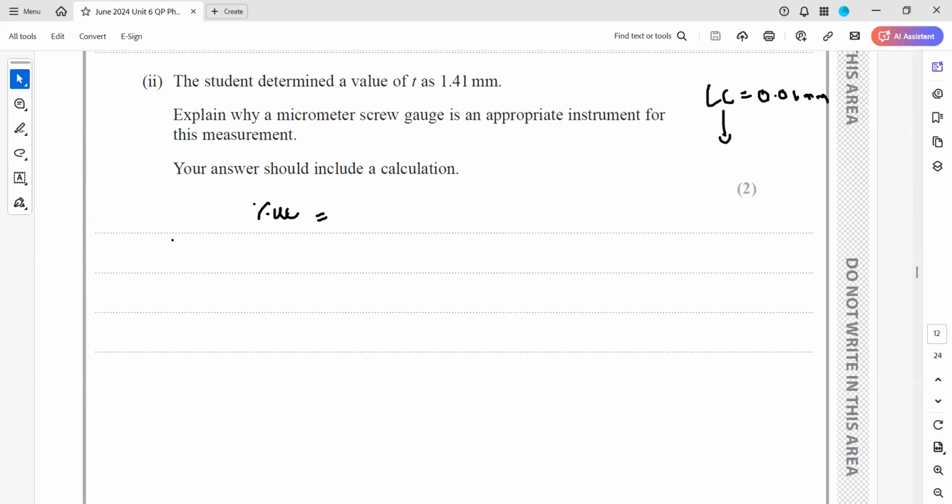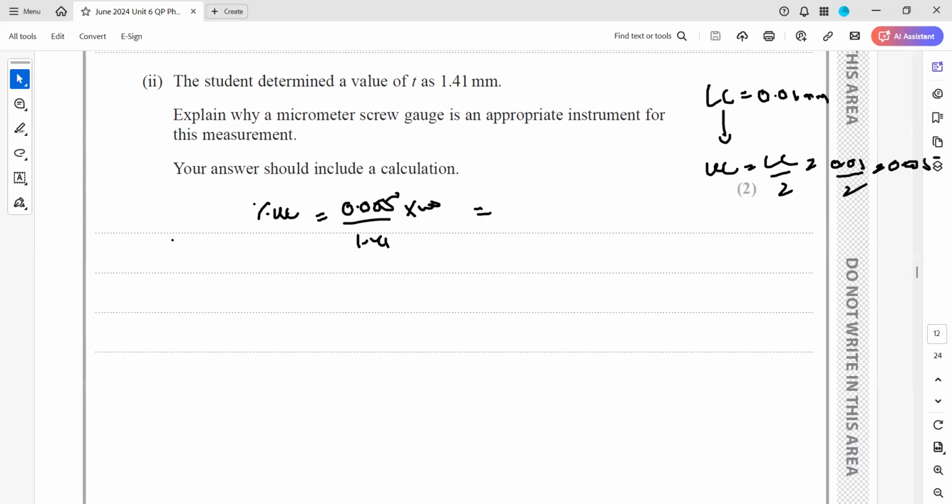What about uncertainty? Uncertainty will be half of the resolution, so 0.01 divided by 2, so 0.005. So the percentage uncertainty is 0.005 divided by the value recorded, 1.41, times 100. It will be a very small value.